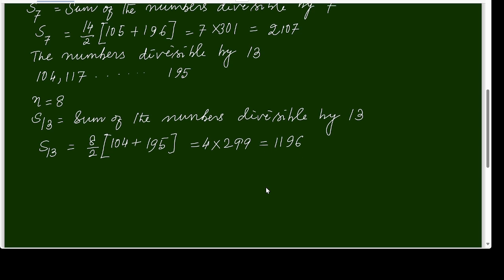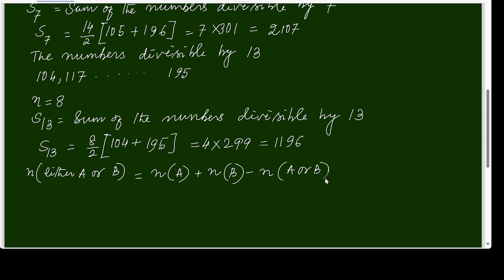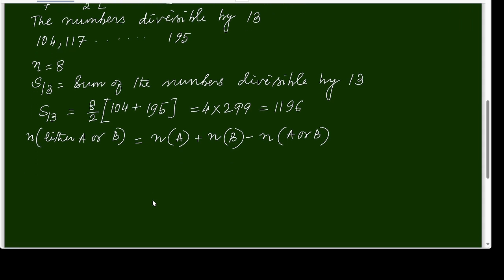So these are the two sums, for numbers divisible by 13 and divisible by 7. But we know that if it is either A or B, then n of A or B equals n of A plus n of B minus n of A intersection B, because we are counting twice.